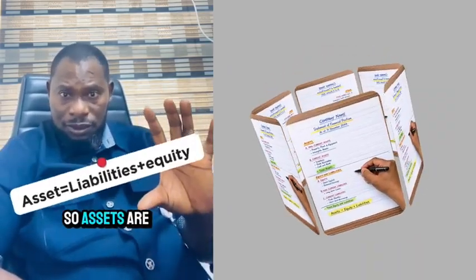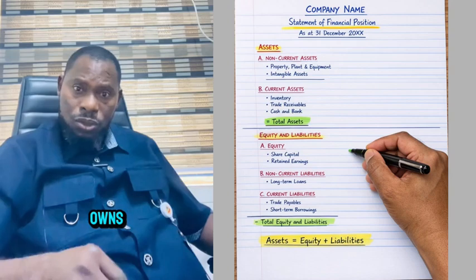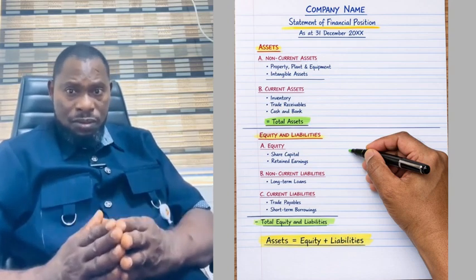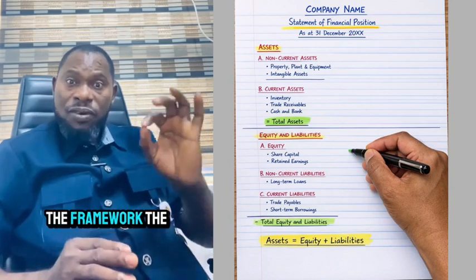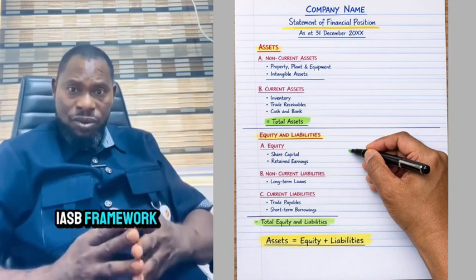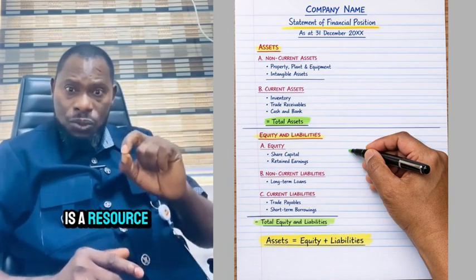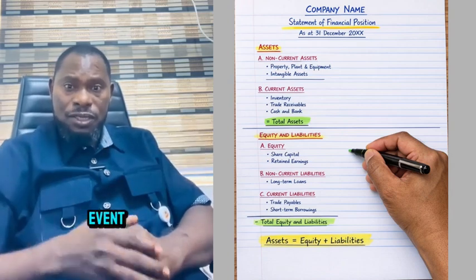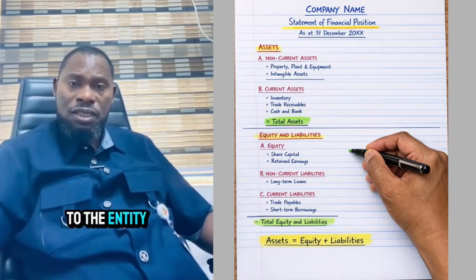So assets are what the organization owns. But if we are going to define it professionally, in line with International Financial Reporting Standard, the IASB framework says an asset is a resource controlled by the entity as a result of a past event from which future economic benefits are expected to flow to the entity.